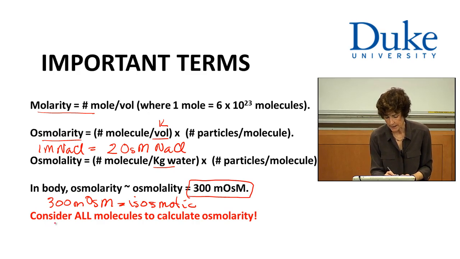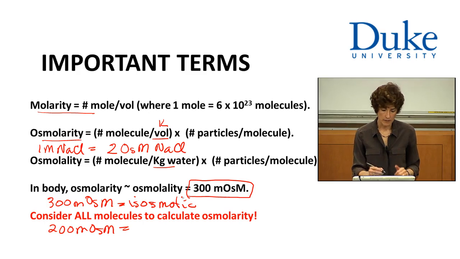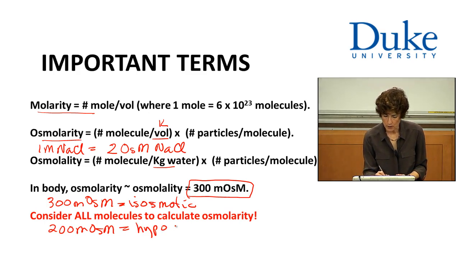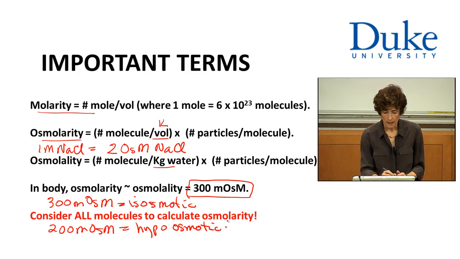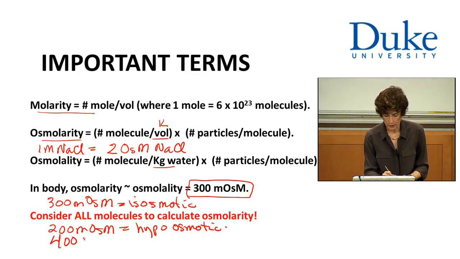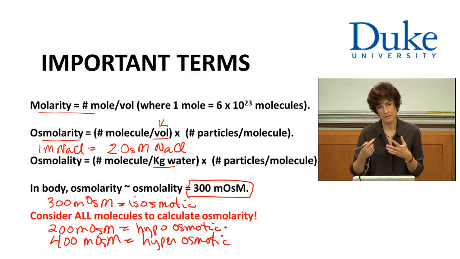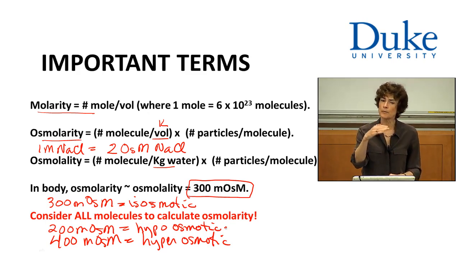If the ECF is actually 200 milliosmolars, then it is more dilute than the cell, and so it would be called hypoosmotic to the cell. And if the solution that I put the cell into is 400 milliosmolars, then that's a hyperosmotic solution relative to the cell. Okay, so iso meaning the same or equal, hypo meaning less, and hyper meaning more.